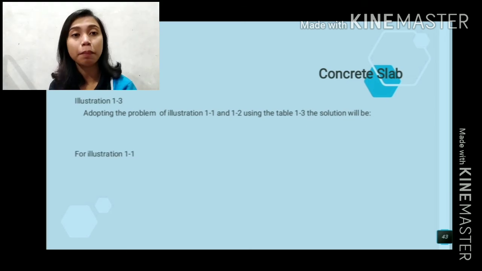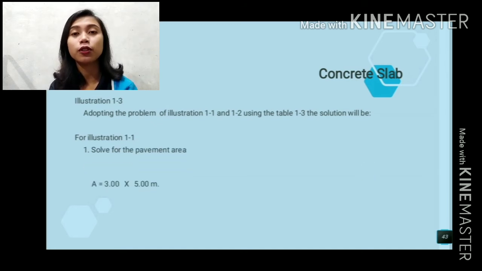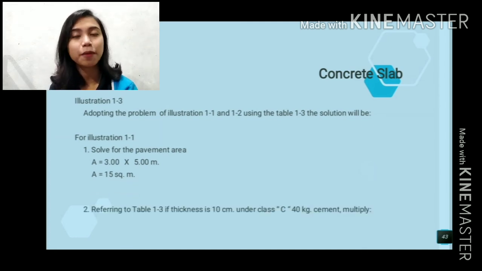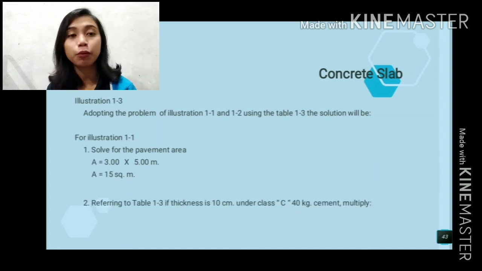So another example, adopting the problem of illustration 1 to 1 and 1 to 2, we will now try to use table 3, which is the quantity of cement, sand, and gravel for slab and walls per square meter area. So let's recall the first problem.